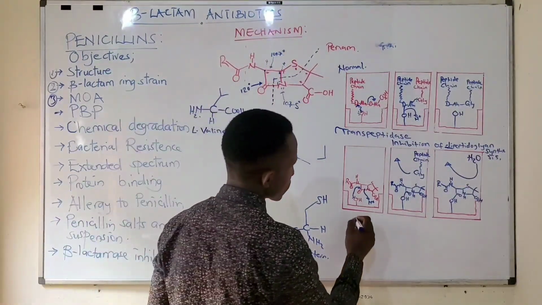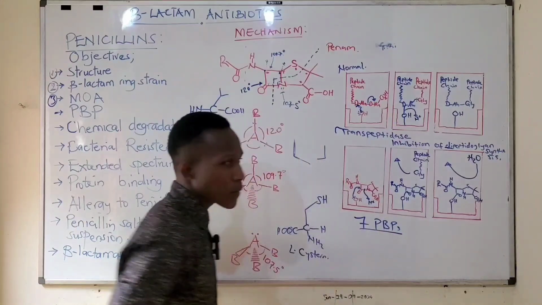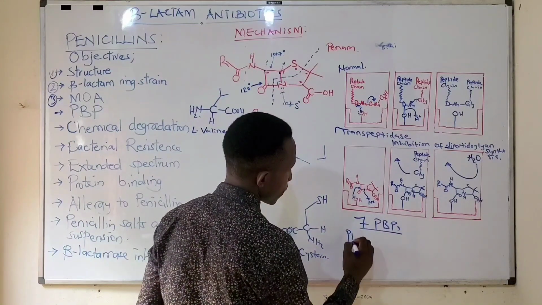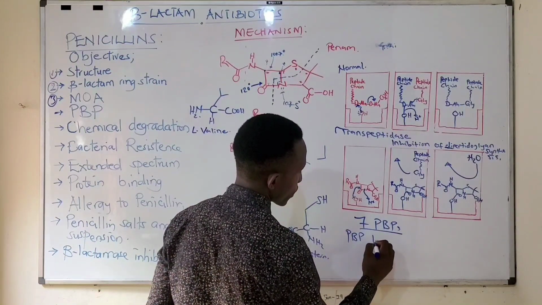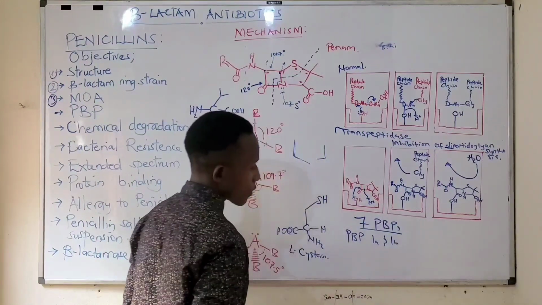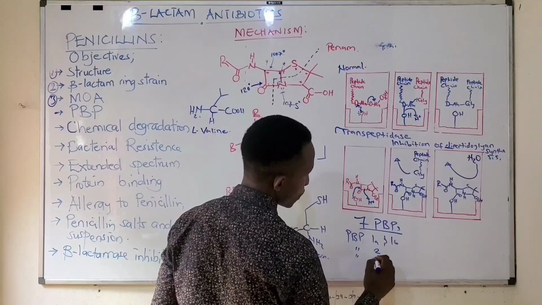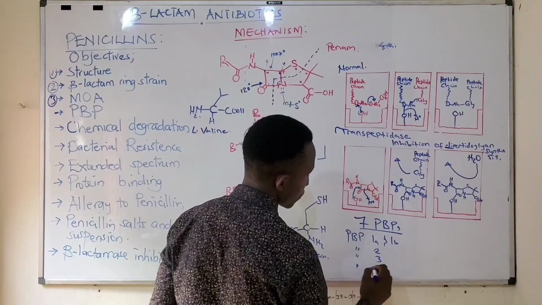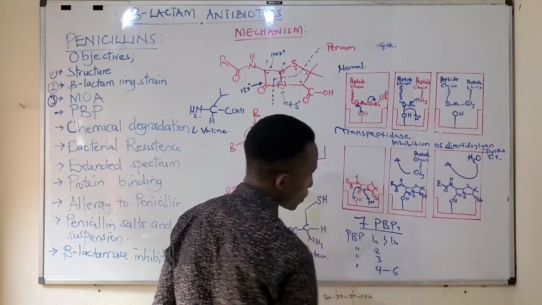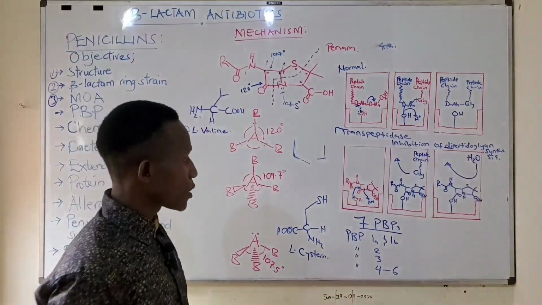We have as many as 7 penicillin binding proteins. We have penicillin binding protein 1A and 1B. We have penicillin binding protein 2, protein 3, protein 4 up to 6. Those are the 7 penicillin binding proteins.